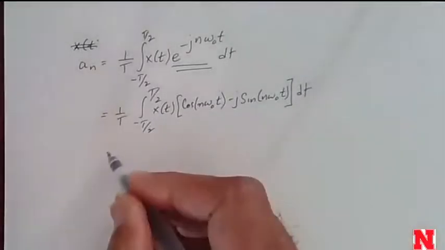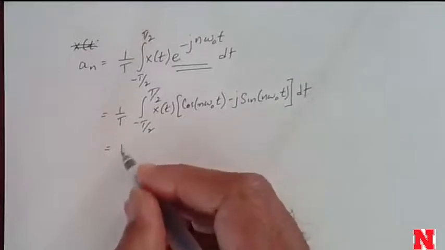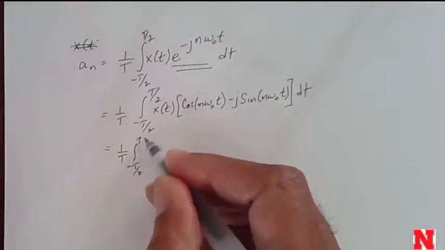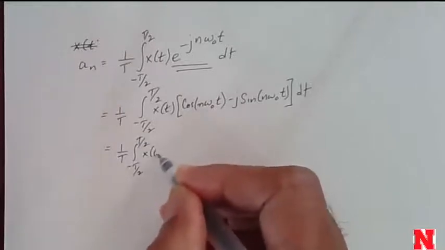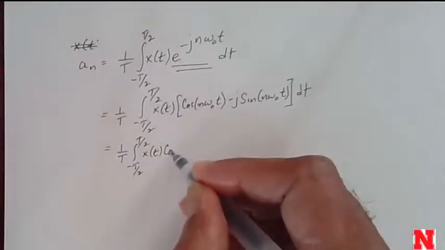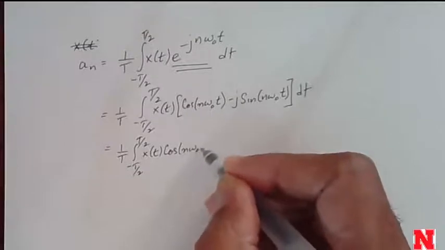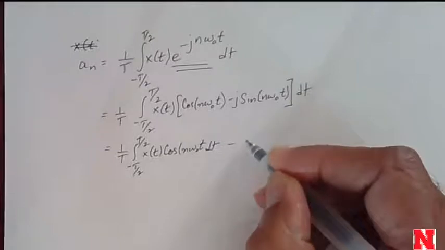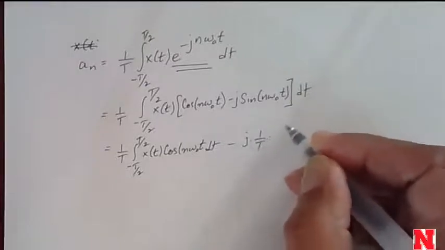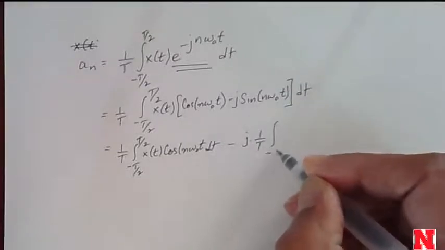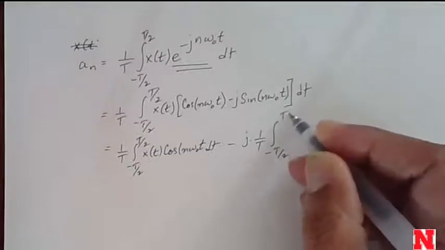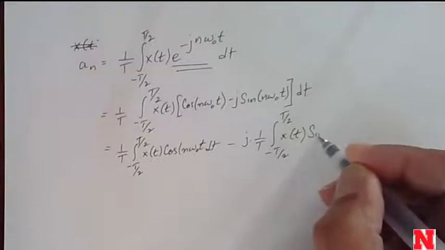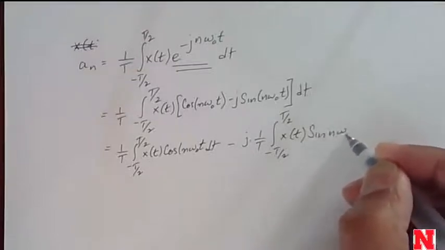So that's equal to 1 over T integral from minus T over 2 to T over 2 of x of t cosine n omega naught t dt, minus j times 1 over T integral from minus T over 2 to T over 2 of x of t sine n omega naught t dt.